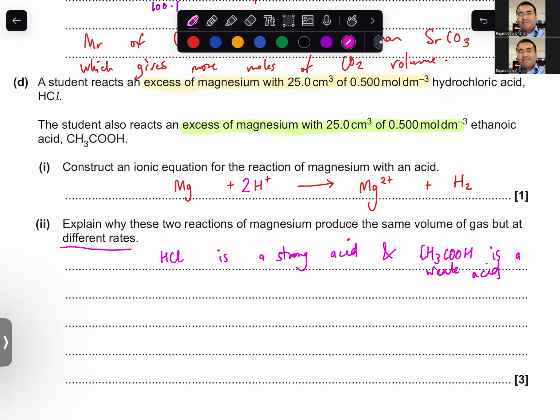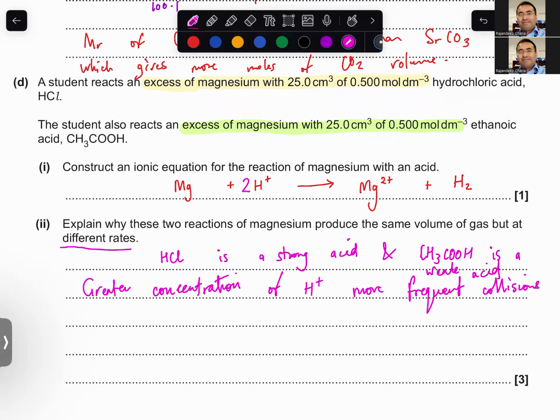It's asking us to refer to the rates. There's going to be a greater concentration of H plus ions. And so if you remember from year one, that will result in more frequent collisions, which explains why the rate is greater with HCl.